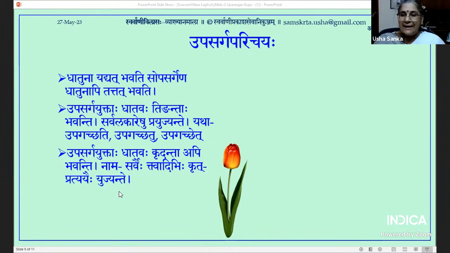Karne ke liye, cheyataniki. So you can take taniki in Telugu, ke liye in Hindi, and 'to' in English. So to do something. So whatever the meaning of patitum, to study, like that. And if I add upasarga, what happens? Gantum, upagantum, agantum, pratigantum. Do you see the expanse of it?